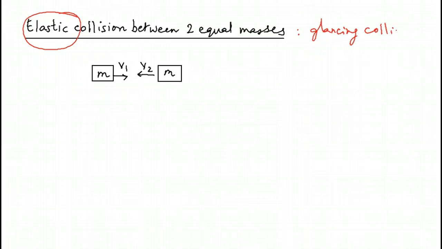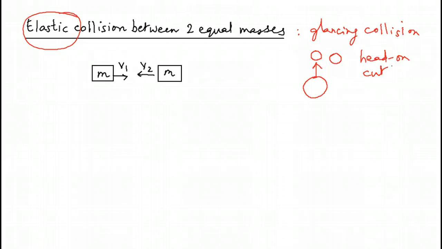A glancing collision would be a collision which occurs between the striker and the piece of a carom game. It's called a cut in a carom game. So typically what would happen is the striker moves in this direction, and if the piece is over here, that would be a head-on collision, and if the piece is actually over here, that would be a cut in carom, or it would be called a glancing collision in physics.